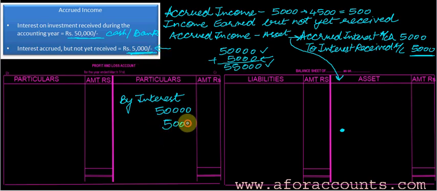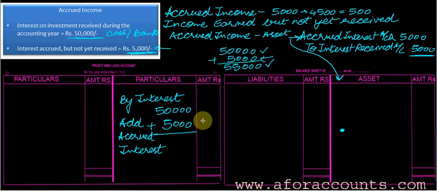So I will add it up here, or I will write add accrued interest. And I will bring out 55,000 in the outer column.